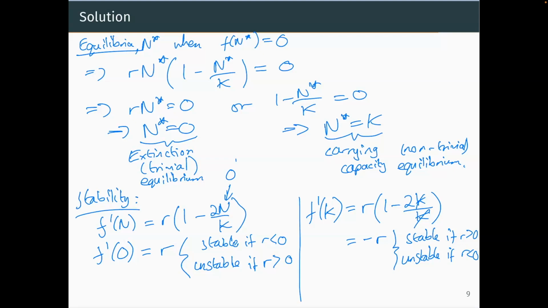Okay, given that it's now correct, can anyone tell me where a bifurcation occurs? Remember, a bifurcation is all about some change in the stability. So when is there a change in the stability? What value of r? At 0? Yeah.